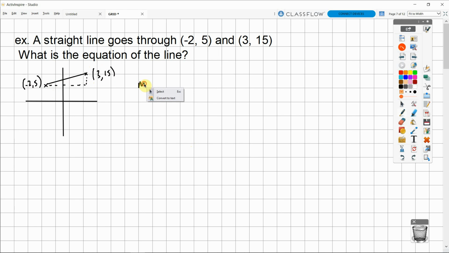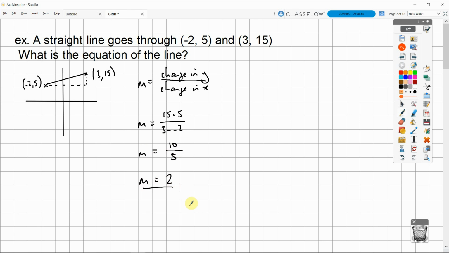As we've seen in a previous video, the gradient is the change in the y values divided by the change in the x values. So if we start with this point and finish with that point, we've got y values of 15 take 5 and x values of 3 take -2. So that's 10 over 3 plus 2, which is 5. The gradient of this line is 2.